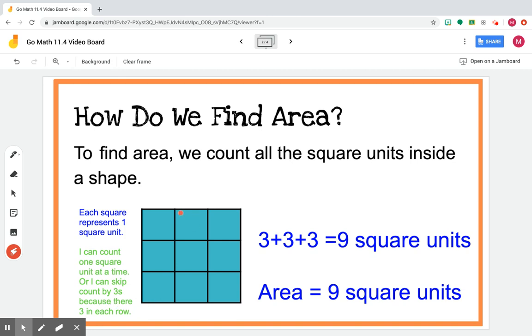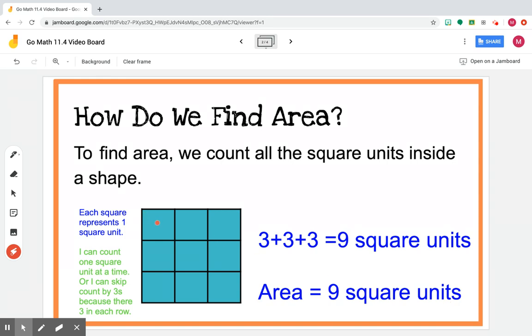in each row. So I could count to find the area and say 1, 2, 3, 4, 5, 6, 7, 8, 9. And my area is 9 square units.